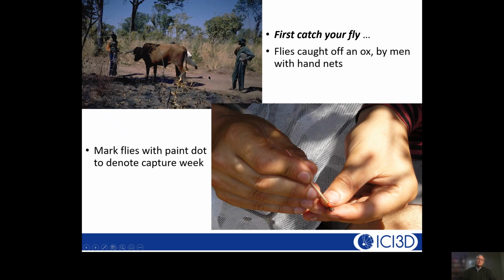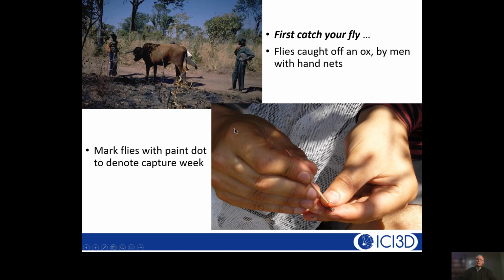So what happens here is you send an ox out, a couple of men with the ox, and they catch flies using a hand net. And then once you've caught it, you take it out of the net here, and you mark it with a little dot of artist's oil paint on the thoracic surface, and the position that you mark it on and the color that you use denotes the week in which the fly is captured.